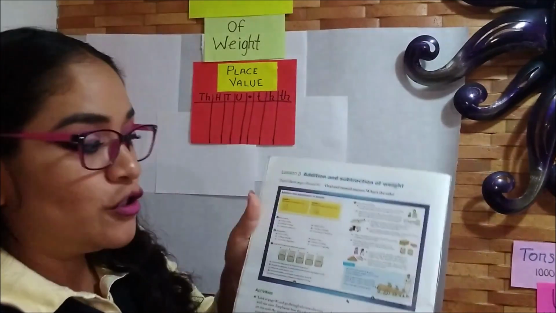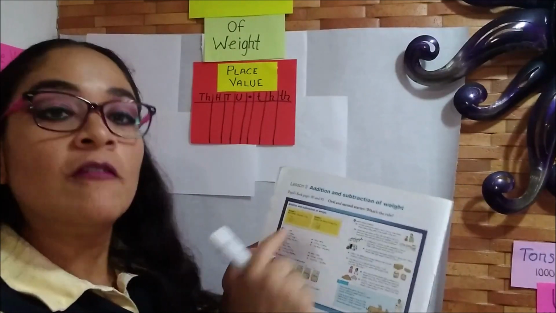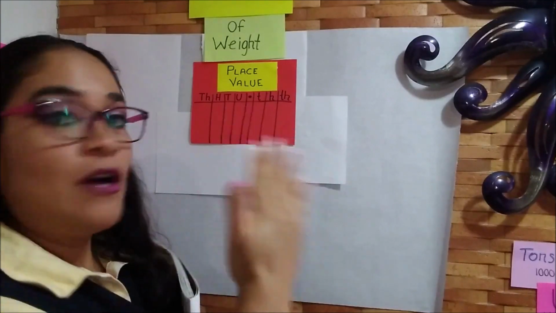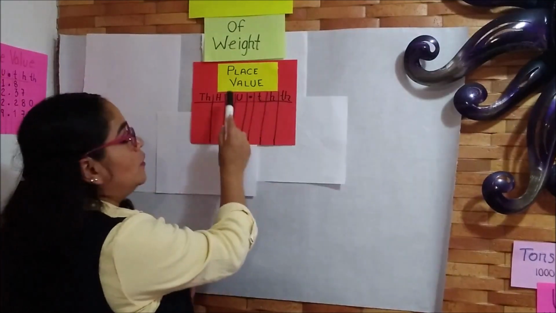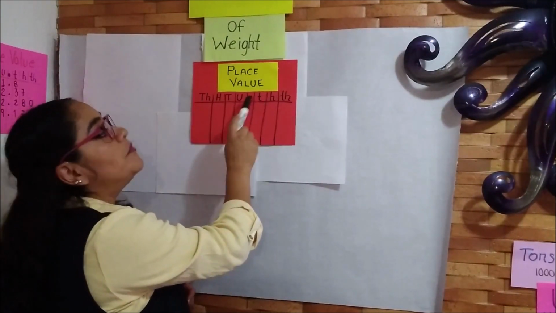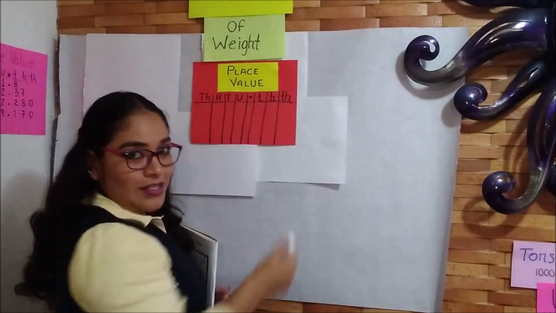You can find them on your page 90. Well, we have 4 amounts. Let's start adding them in the correct place value. Remember, we have the decimal point, units, tens, hundreds, thousands.